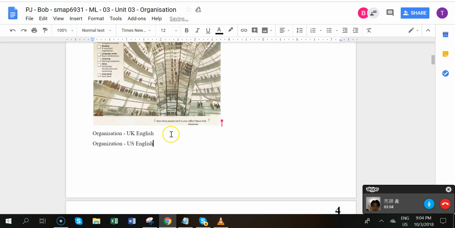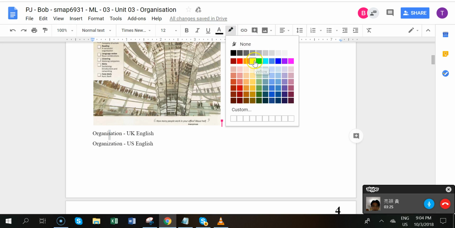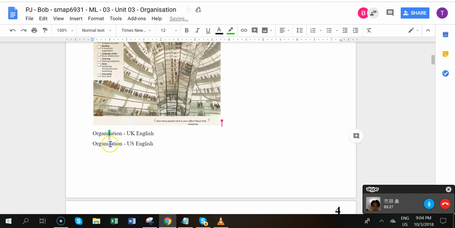Yes, they are the same, but this one is used in UK English or British English, and this one is used in US English or American English. The difference between that is the S and the Z. Okay? I will just note here for you to remember.